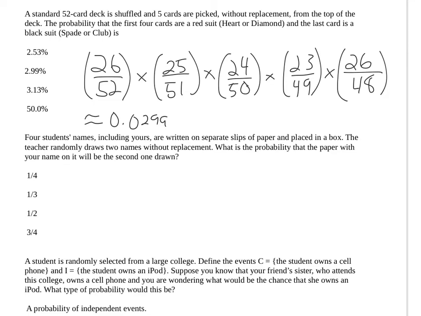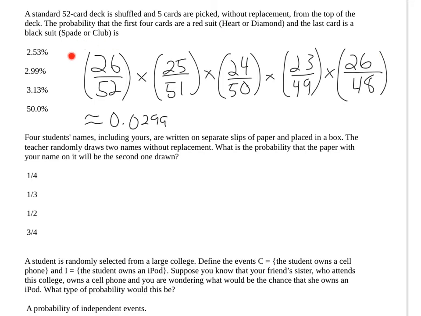Alright. And so what I was talking about before, when you're drawing without replacement, you see that drawing cards has an effect on the probability of subsequent draws, right? However, when you're talking about cards in this kind of scenario where you're drawing without replacement, you can assume that events between draws are independent.